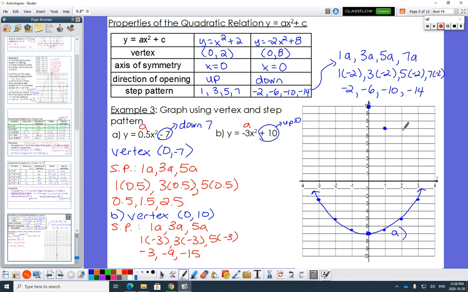Over 1, down 9. And then make sure it's symmetrical. Over 1, down 1, 2, 3. Over 1, down 1, 2. I don't think we'll get the 15. So you can see when you do stretches, it makes it off the grid really fast, okay?